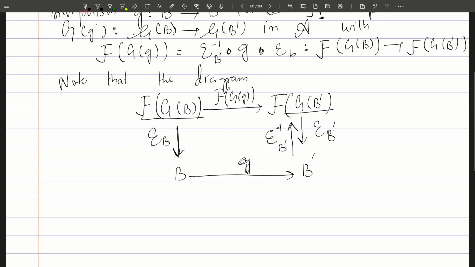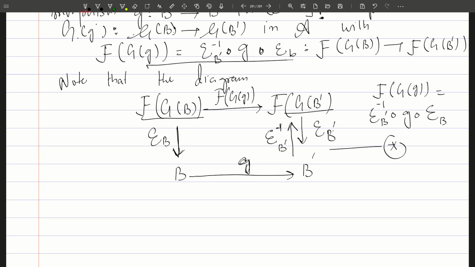So one should note here F of G of g. From this commutative diagram, let us call this star. This diagram commutes, which means F of G of g is the same as first going via the path epsilon B, followed by g, then followed by epsilon B prime inverse.